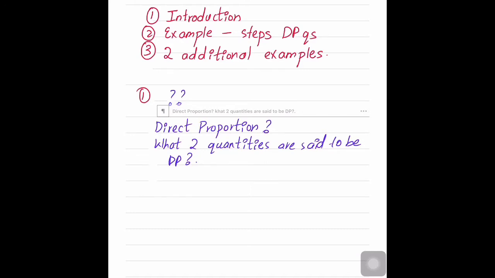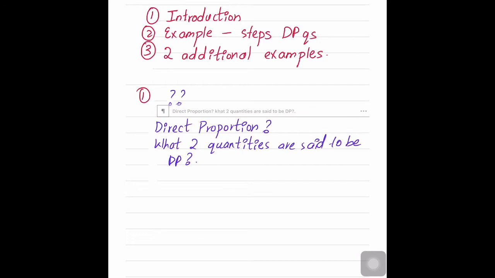To answer these questions, essentially two quantities are directly proportional if they're always in the same ratio. So what does it mean to be always in the same ratio? It means that if they're divided by each other, they will always produce the same ratio.